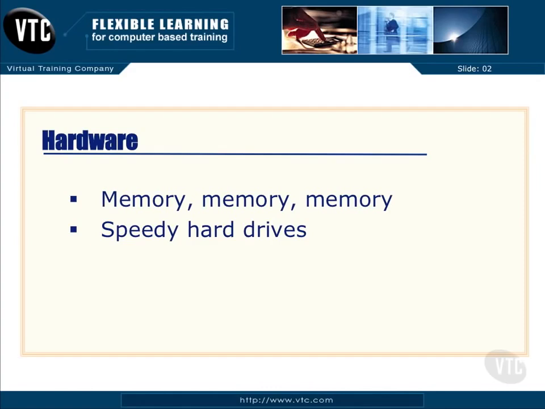So getting a regular hard drive, a platter-based, mechanical hard drive that has a pretty high RPM, so 7200 RPM is a pretty good RPM rate. So faster hard drives are definitely helpful in keeping your machines responsive, particularly, as I said, when you're running multiple virtual machines at the same time as your primary operating system.